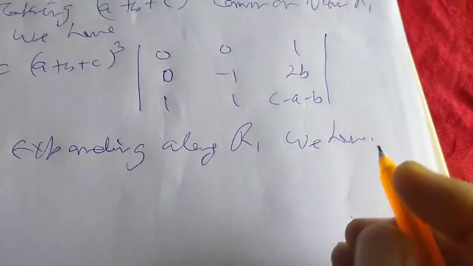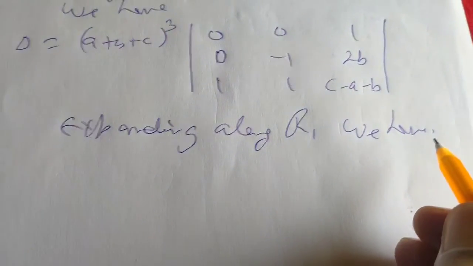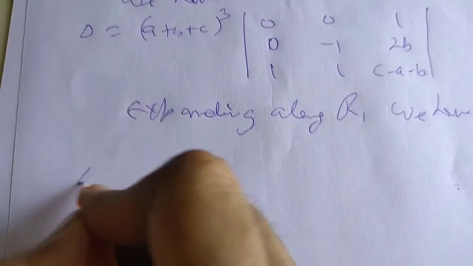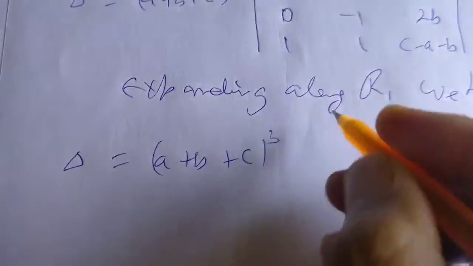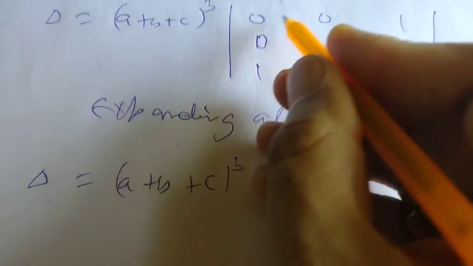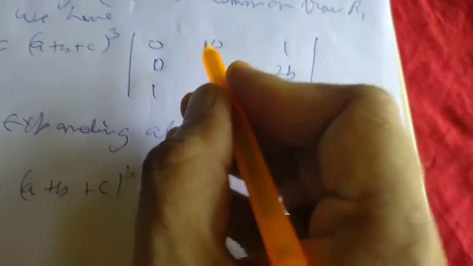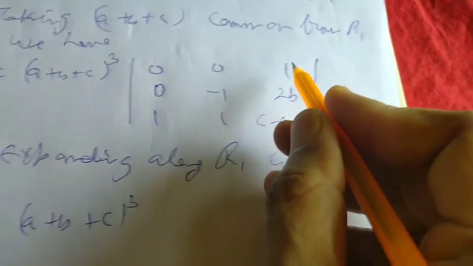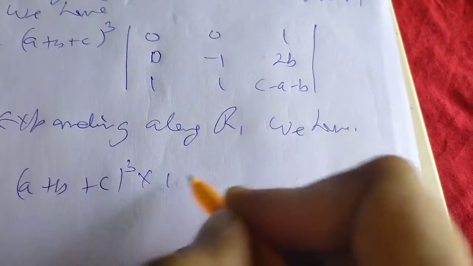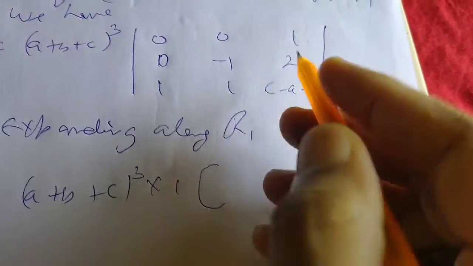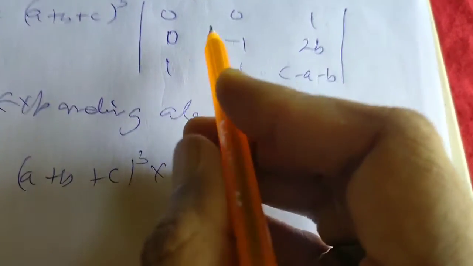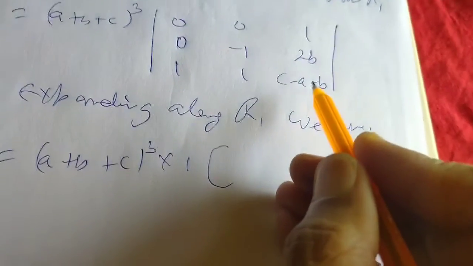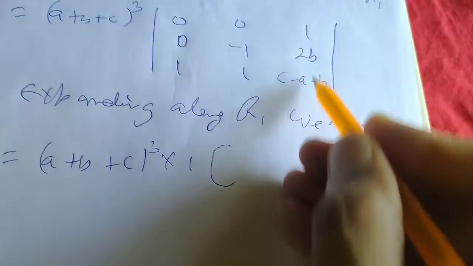So now what we'll do is expanding along R1. We'll have delta equal to a plus b plus c whole cube, and expanding along R1, this first will become 0. This is 0. You know how to expand a 3 cross 3 determinant. So this is into 1, and you have to multiply 1 by the determinant which is made by cancelling out all the elements in the row and the column. So cancel out these elements.